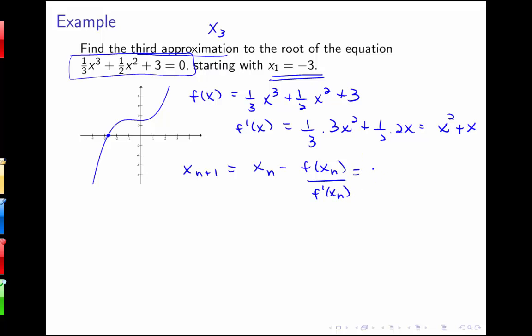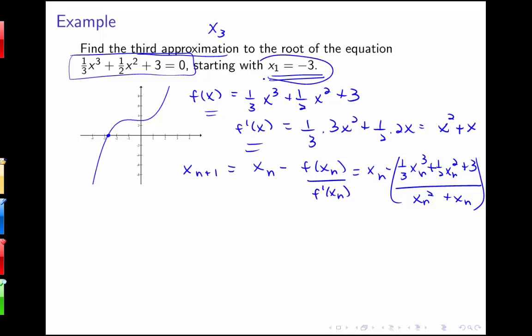So we're talking about, in this case, xn minus 1/3 xn cubed plus 1/2 xn squared plus 3 all over xn squared plus xn. So we just substituted xn into our function and the derivative.